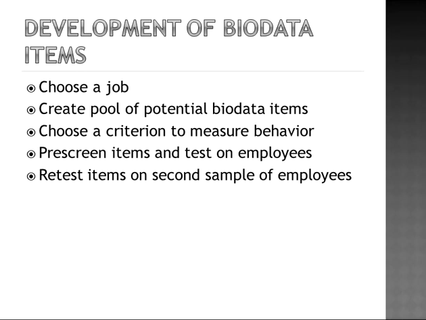Choose a criterion to measure behavior. Pre-screen items and test on employees. Retest items on a second sample of employees. So some of the items that we've talked about before about how we develop certain types of processes within an organization to support the aims and activities of an industrial organizational psychologist, for example.